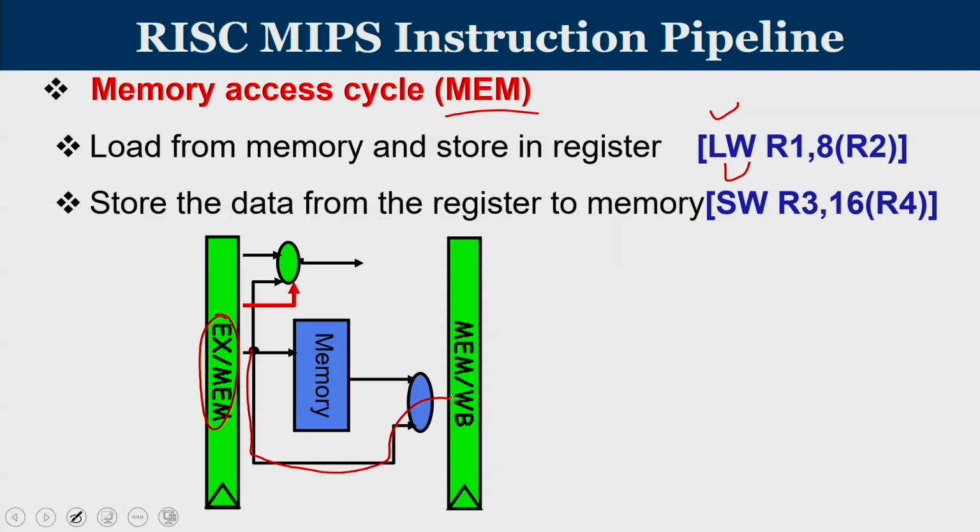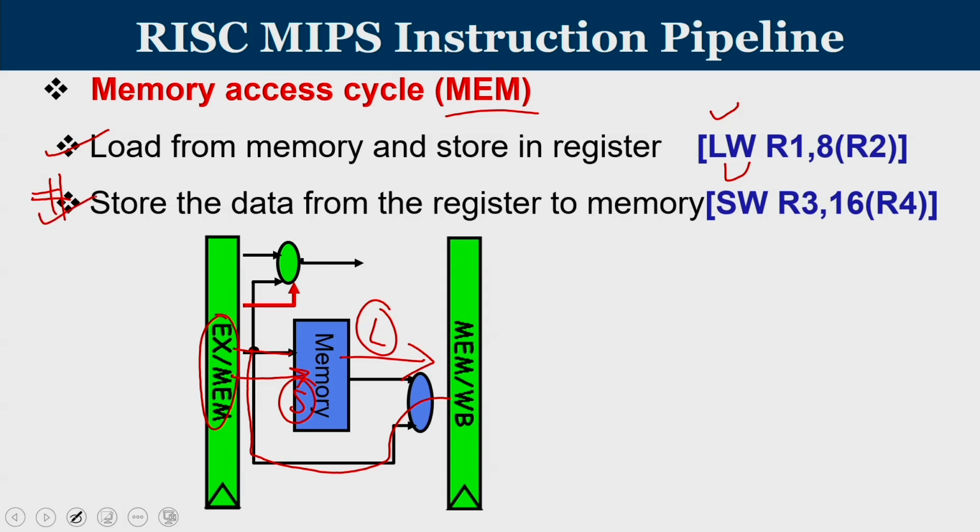If it is a load operation, whatever address was calculated in the previous stage, from that address the contents are loaded. If it is a store operation, then whatever the address and whatever the data that is available in the EX MEM register, that is written into memory. So, if it is a store, it gets over here. If it is a load, then the value is taken from memory.